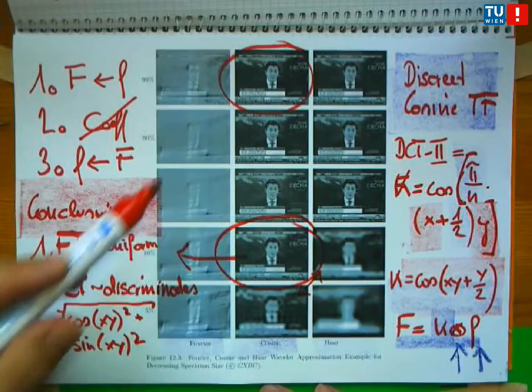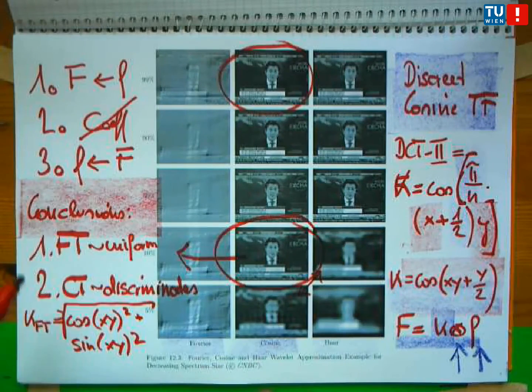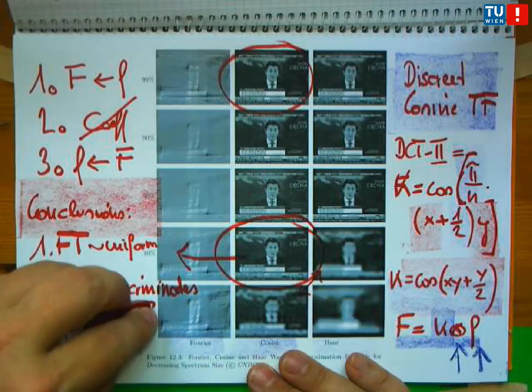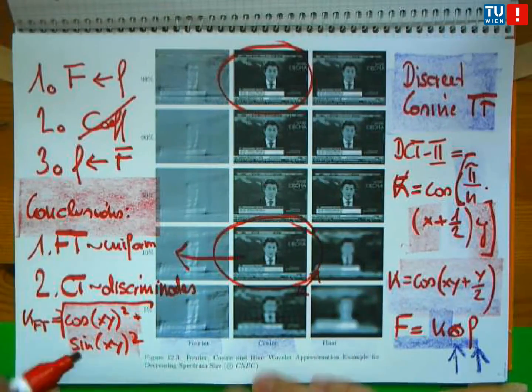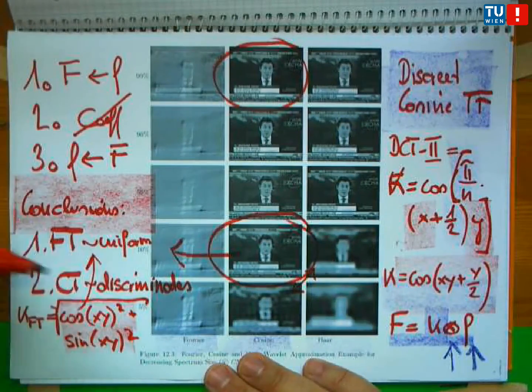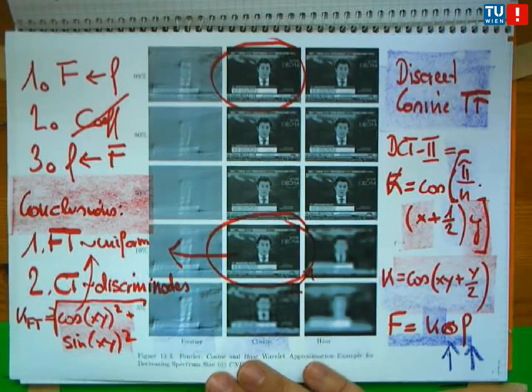In order to compute the spectrum and go back from there. So this is our function. Apparently, if we use sine and cosine in the same function, then because of the phase shift we get the uniform distribution.